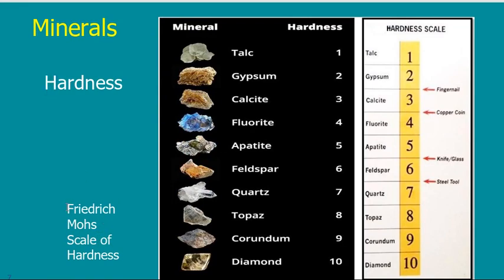There is a scientist called Frederick Mohs. He presented a scale for hardness. By the way, this is important. It will be important just for us to know, even for our daily life. This scientist put a scale starting from 1 to 10. 1 is a very soft material. 10 is the hardest material on earth.